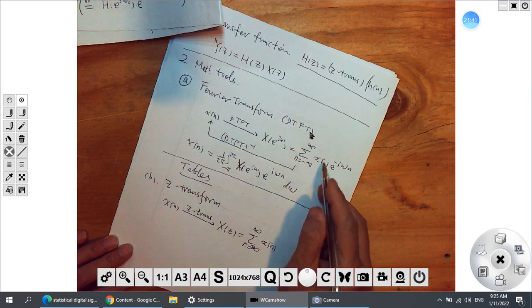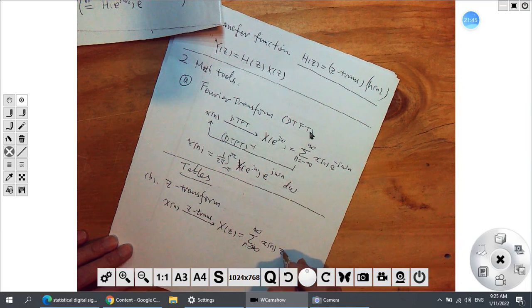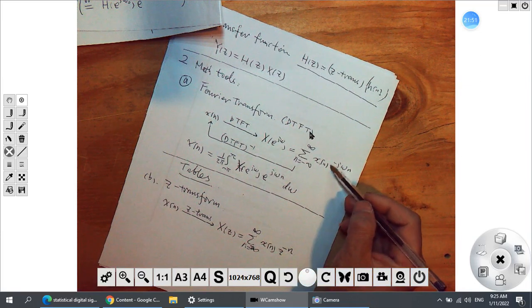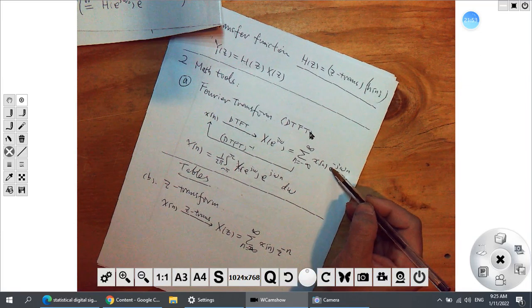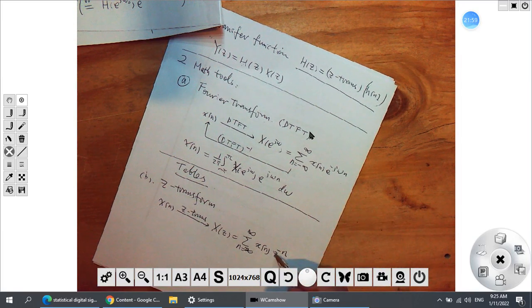Same as the DTFT, but then it is z to the power of negative n. So here you replace the exponential e to the j omega with z. Right? Yeah. So this is the Z transform.